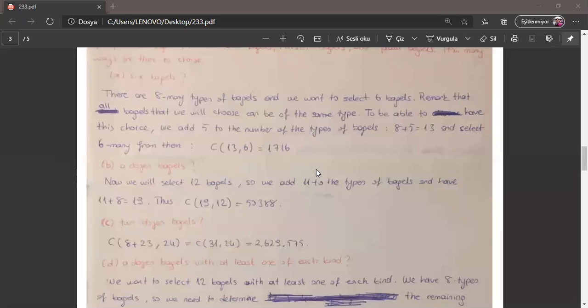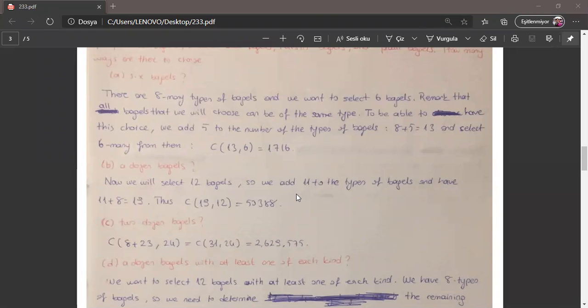Again, if we want to choose 12 bagels all of which are plain, we need to add 11, because we had one before in the 8 types. The plain type was just an example.